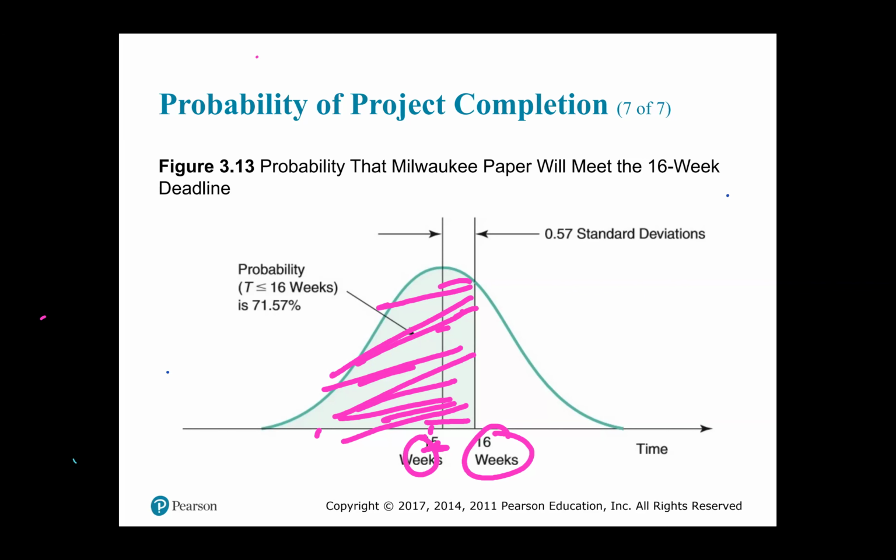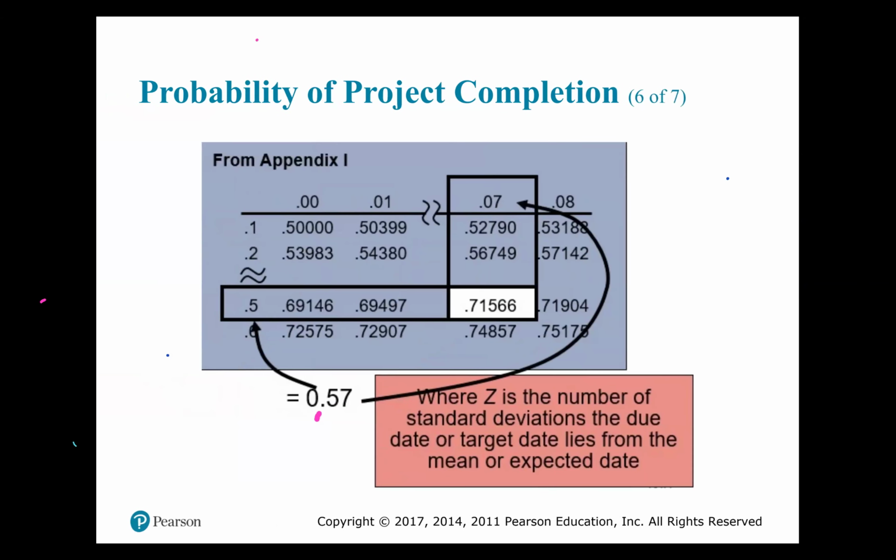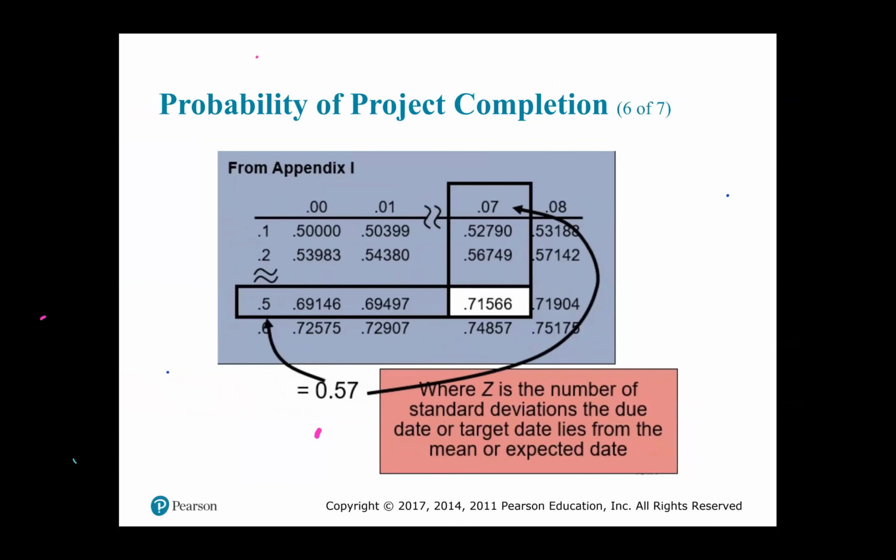So this is not to erase every time I need to move. So back I go. Here you take the number of standard deviations that you've calculated, your 0.57, sorry, and you go to your Z value. Yep, same Z value table from statistics, right?